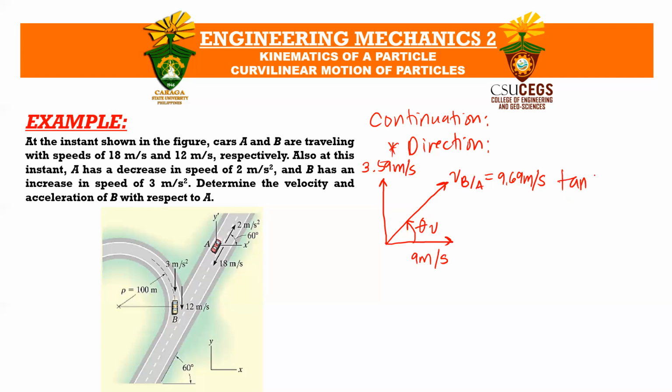So tangent theta v is equal to the absolute value of opposite over adjacent sides. The opposite would be the y component, and the adjacent would be the x component. So your y component would be 3.59 meters per second, and the x component would be 9 meters per second.